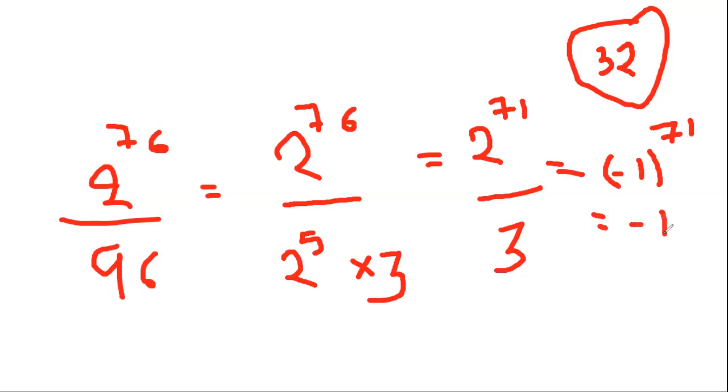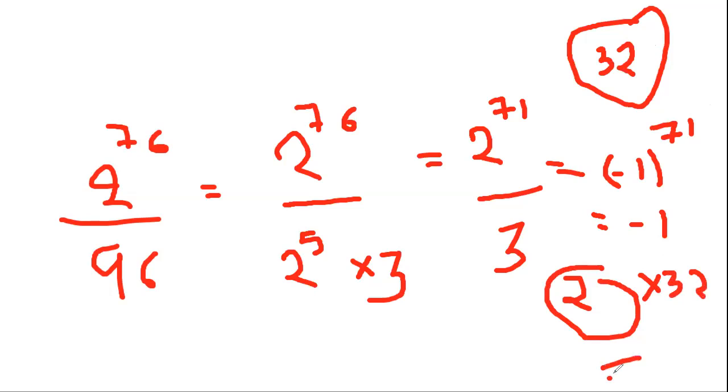But since you cannot take a negative remainder, you have to subtract from 3. So it will be 3 minus 1, that is 2. But is it your final answer? No, this cannot be your final answer because you have simplified it with 32. So you have to multiply again by 32.